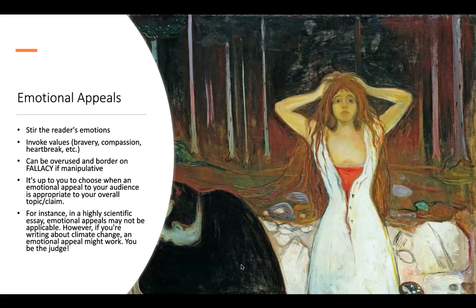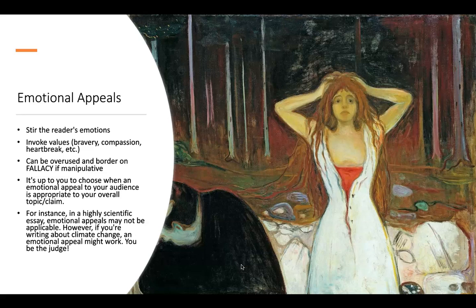So things that invoke values like bravery, compassion, heartbreak, love, grief, anger. So if you think especially about when you watch commercials, right? Television commercials often use pathos or emotional appeals to reach their audience. And we can look at some examples of these at a later time.